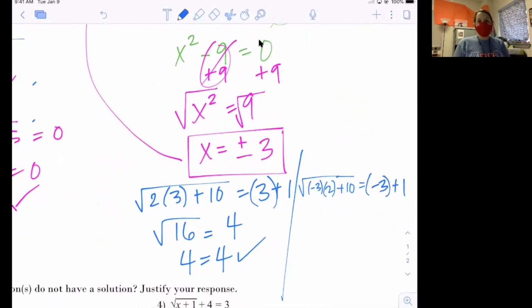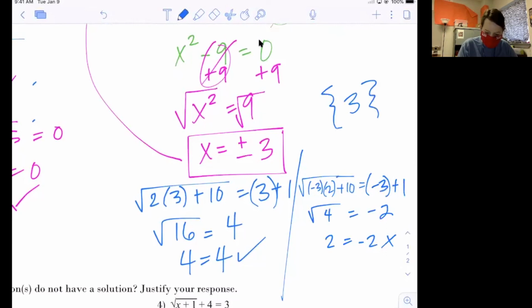Now, when we're plugging in our values to check our work, this is going to be square root of 4 equals -2. Even though up at the top I told you we're going to have to take the plus or minus value when we take the square root, down here, we're only going to be considering the positive value when we check for extraneous solutions, and that did not work. So we would say our solution for this problem is just a +3.